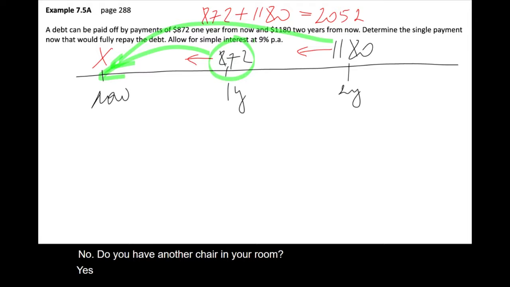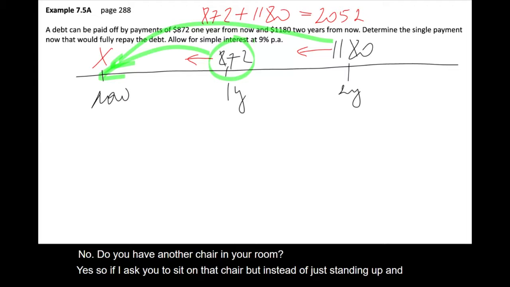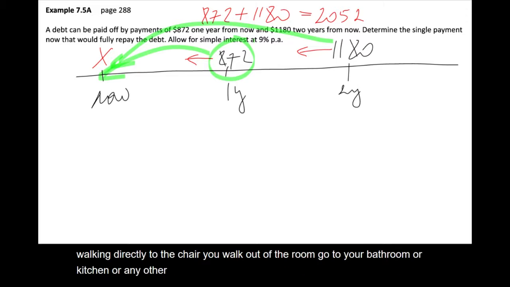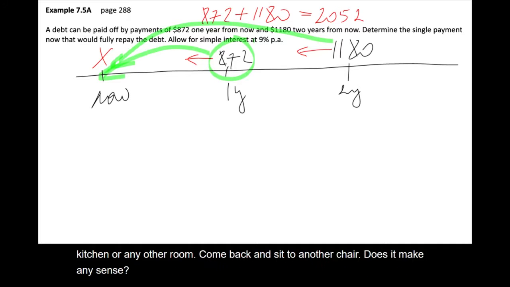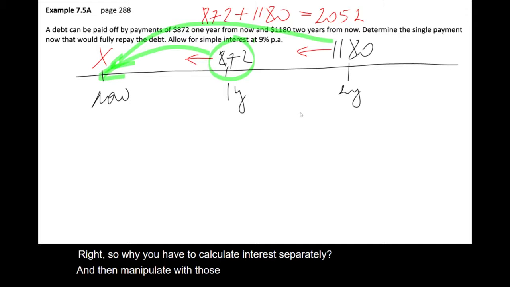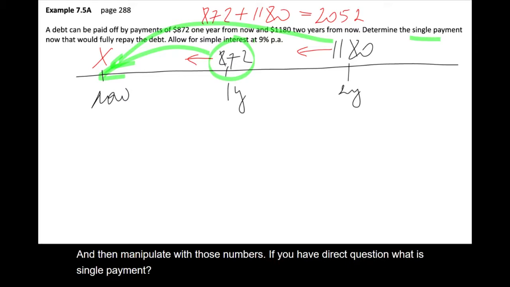So if I ask you to sit on that chair, but instead of just standing up and walking directly to the chair, you walk out of the room, go to your bathroom or kitchen or any other room, come back and sit on another chair, does it make any sense? No. So why would you calculate interest separately and then manipulate those numbers if you have a direct question, what is the single payment? You know what I mean?